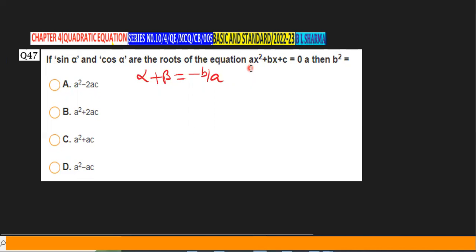Here A, B and C are the coefficients, and the roots are sin alpha and cos alpha, so sin alpha plus cos alpha is equal to minus B upon A.